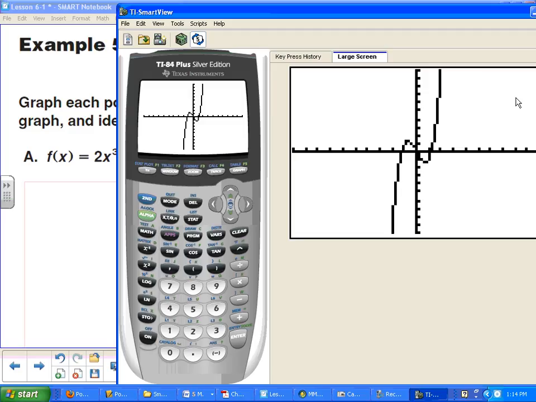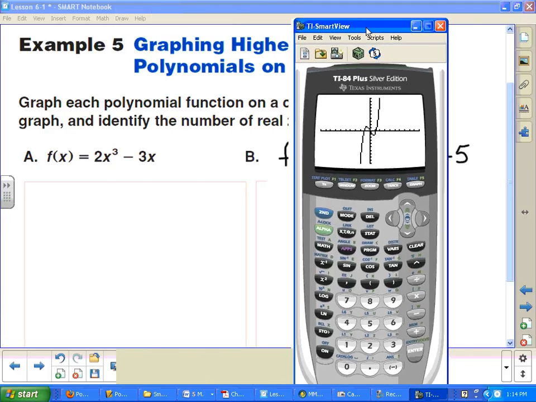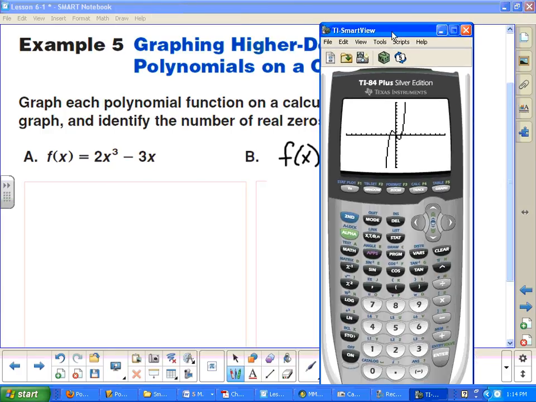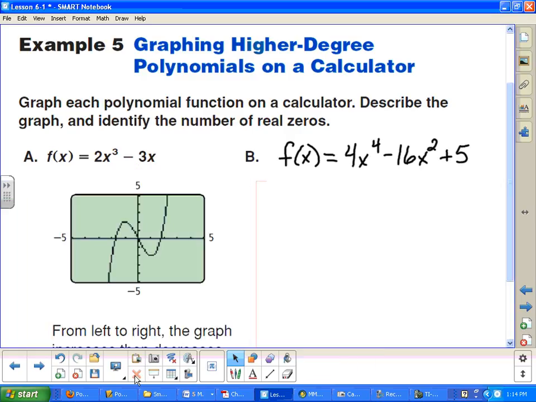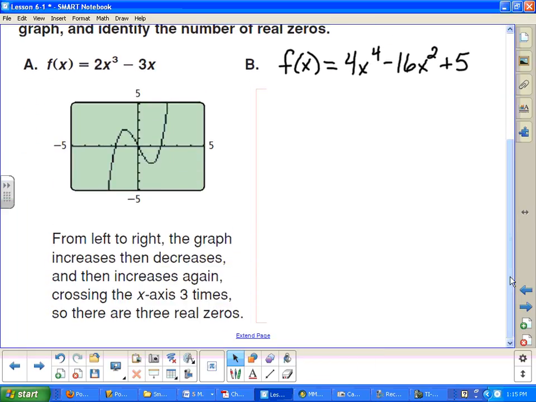Okay? And then how many times does it cross the x-axis? 3 times. So we would say that there are 3 real zeros. Okay? So this graph, actually I think I got it right there. Okay, looks like that when you close in a little bit. From left to right, the graph increases, then decreases, then increases again.